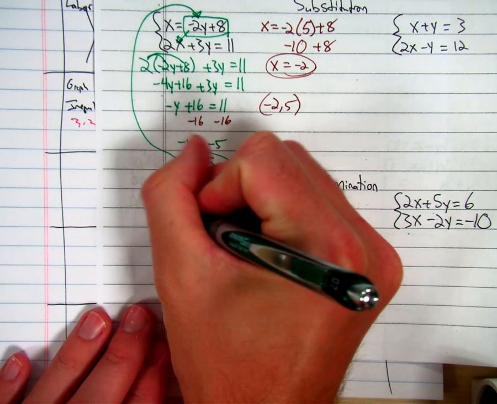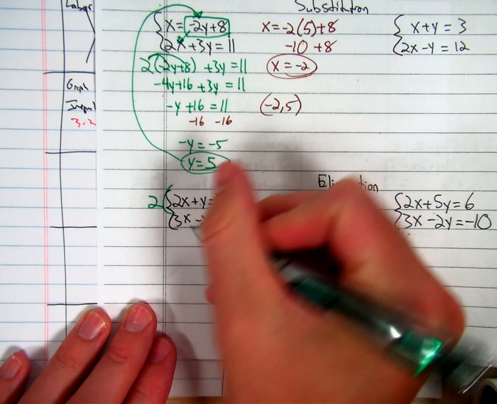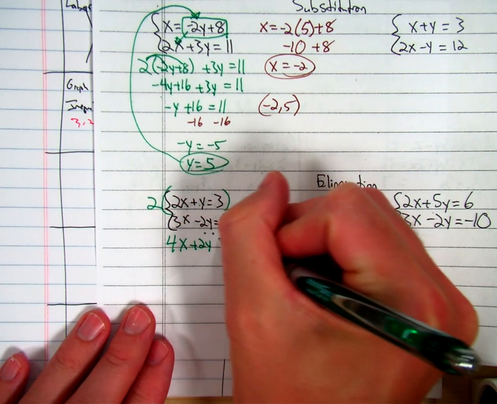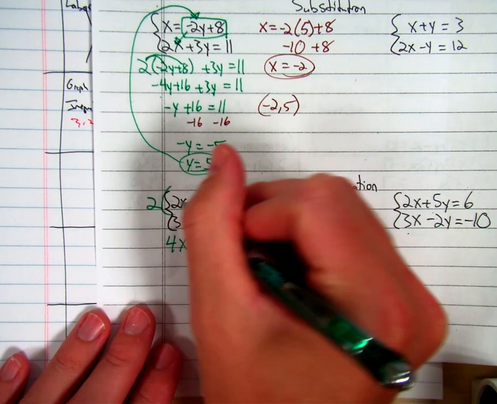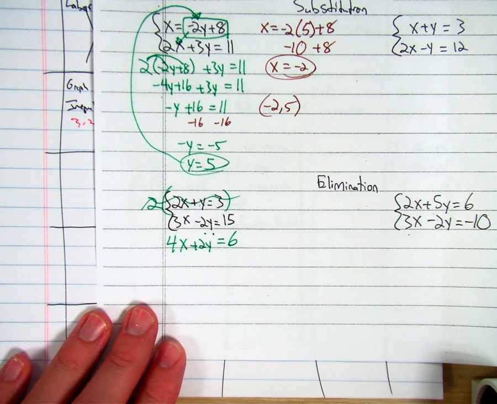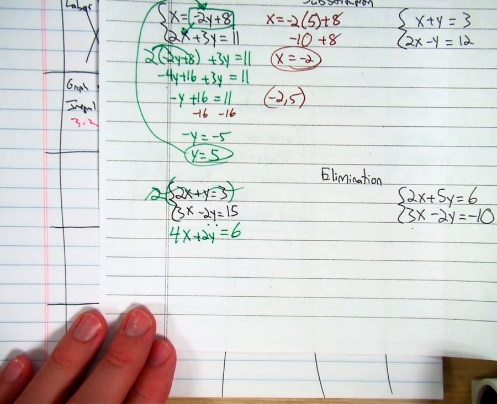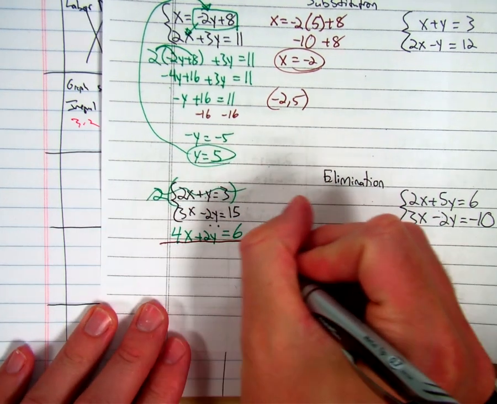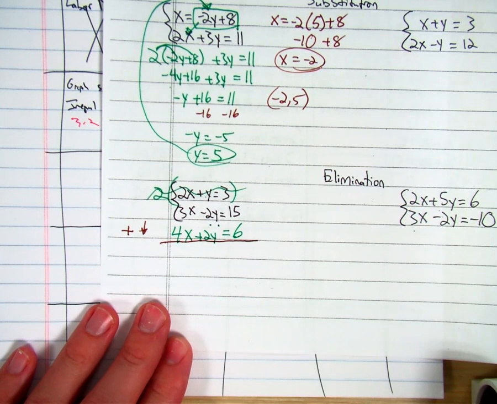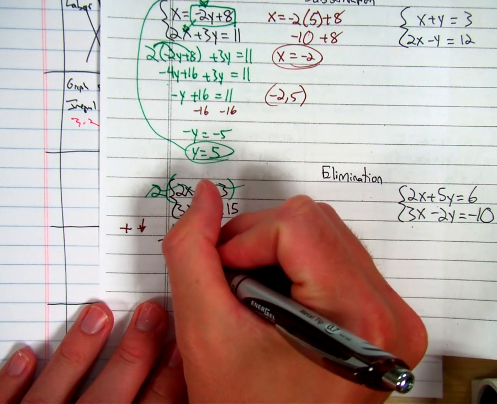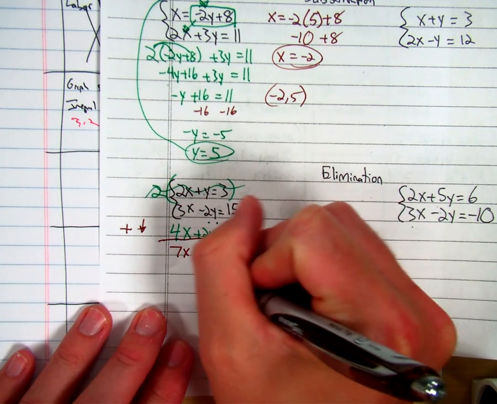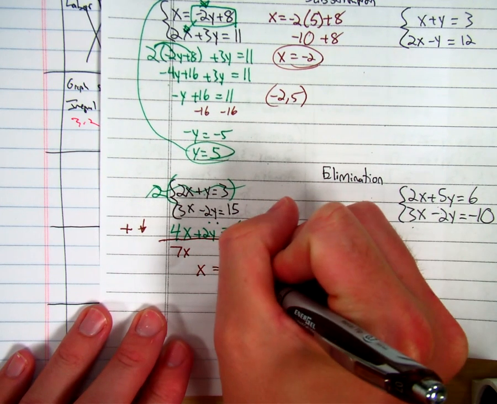So we're going to multiply that whole top row by 2 to get 4x plus 2y equals 6. Make sure you take it to the equals and get that equals 6. Okay, we're going to add down. 7x equals 21. x equals 3.